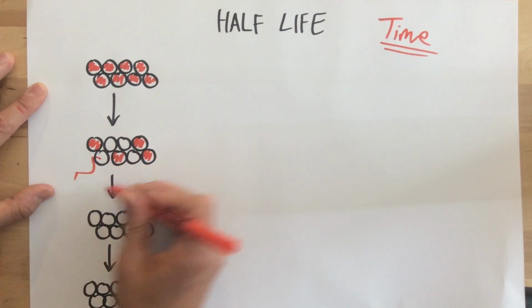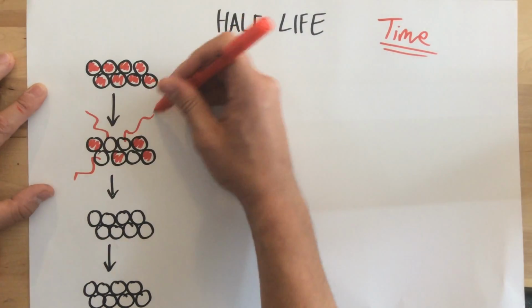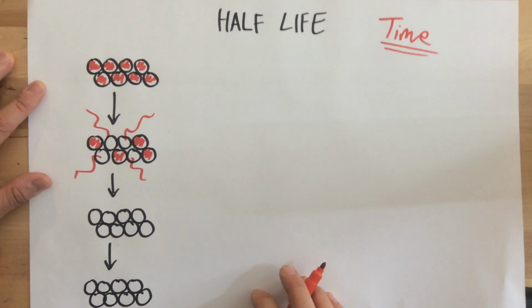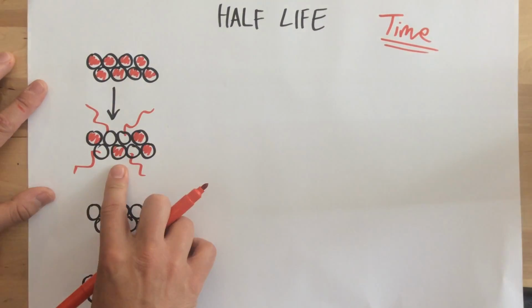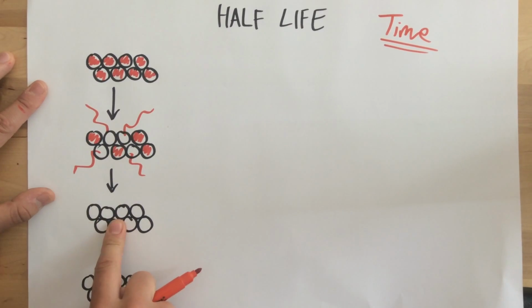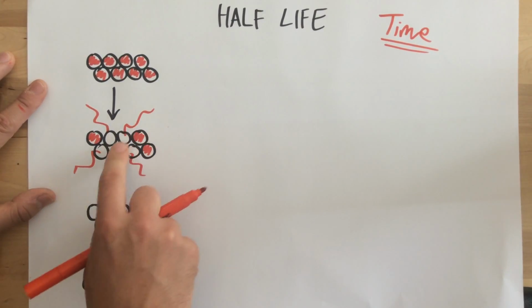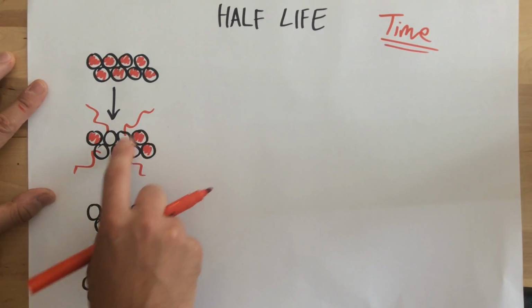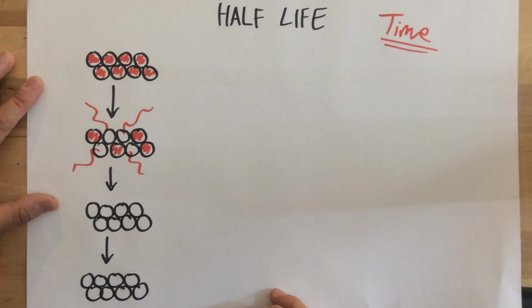As they decay, they emit, meaning give out, radiation. The same amount of time will be in between here as it will be here. So we can see that now there's 4 remaining unstable radioactive nuclei.